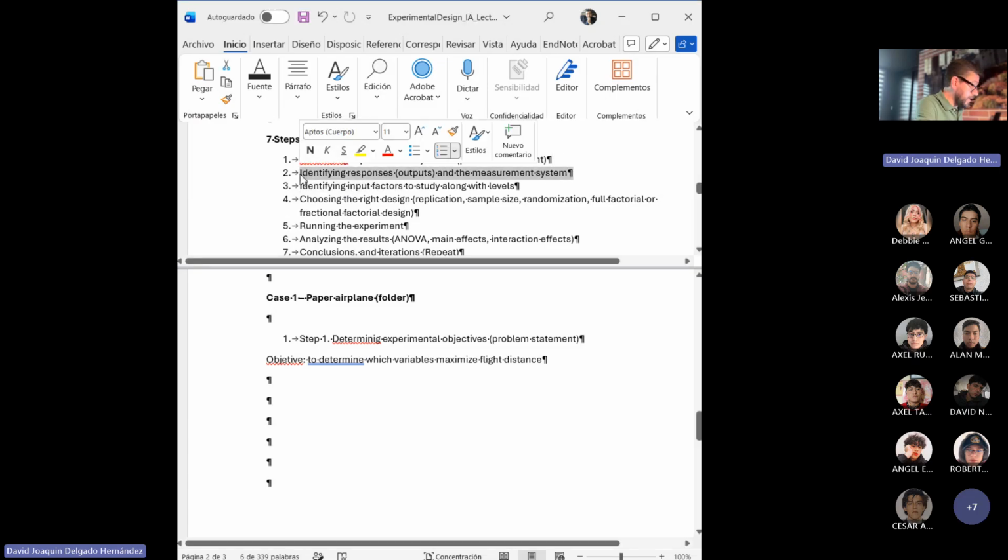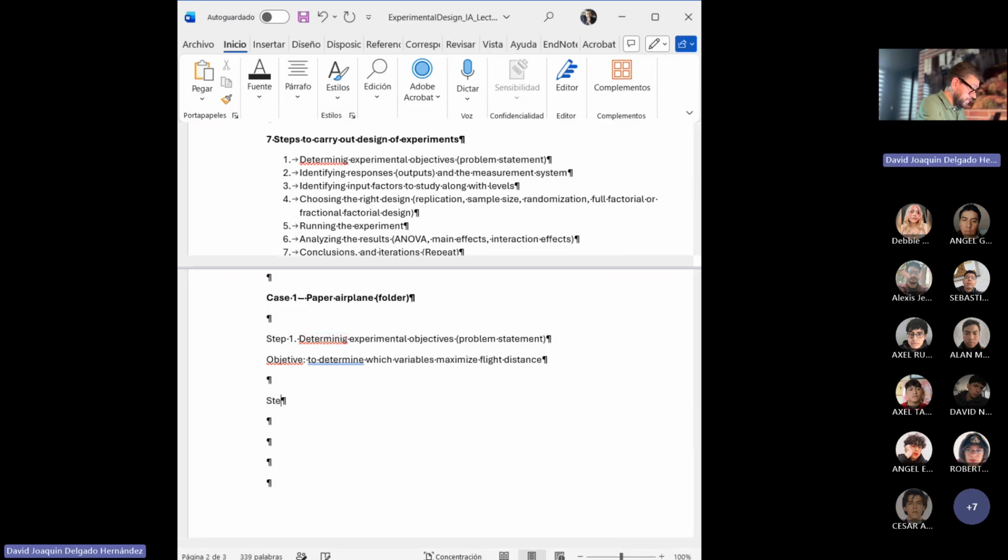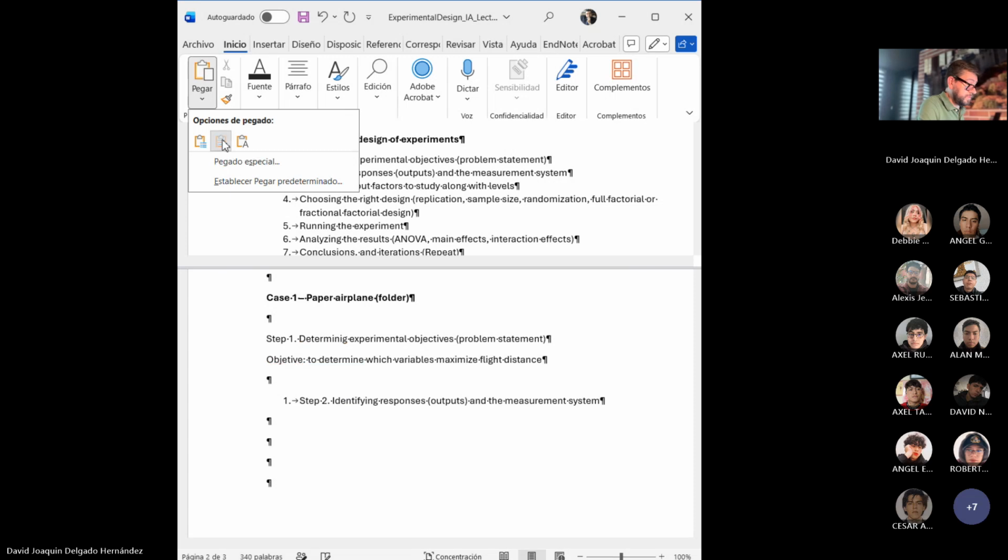The second step, I am going to copy and I am going to put step 2. This is step 2. And I am going to paste the step 2.